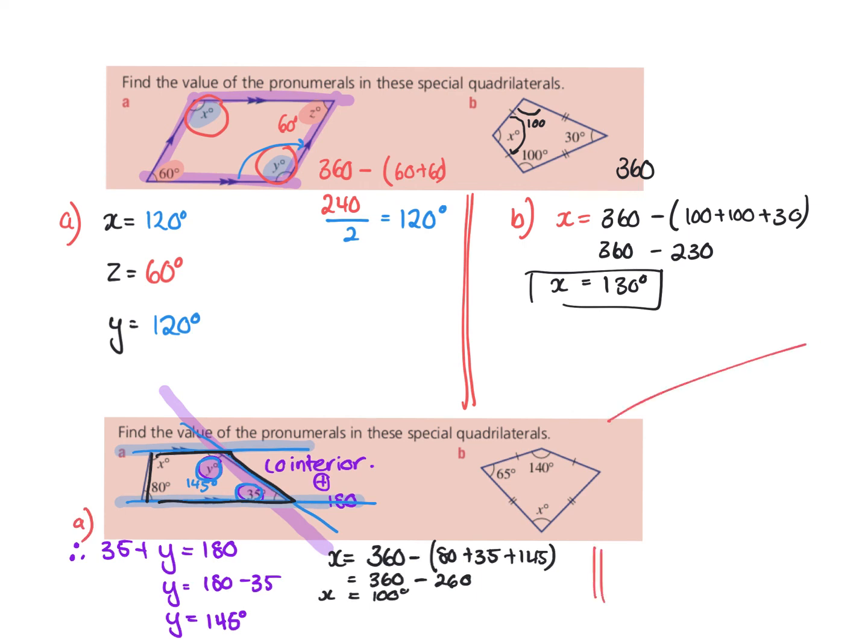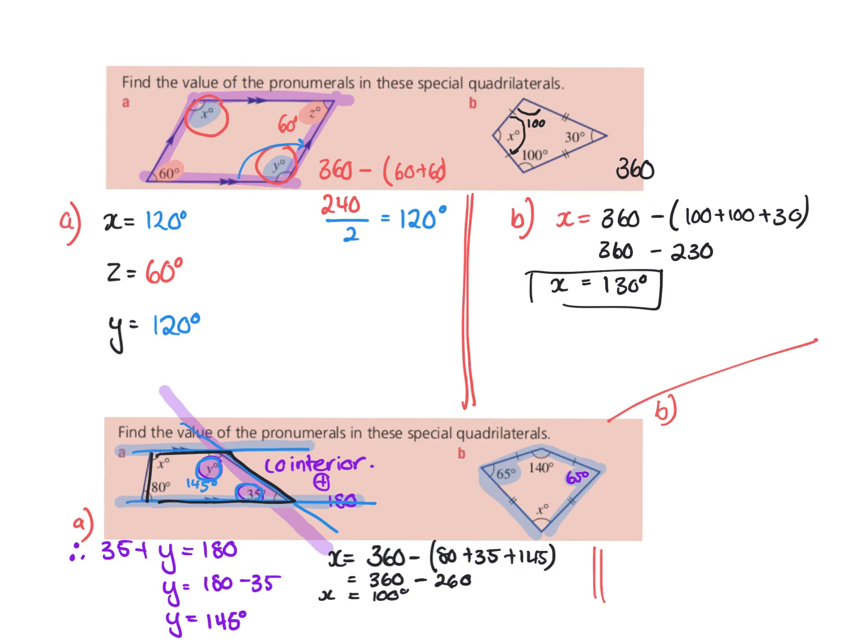I'm going to do this question over here, question B here. All right, so this shape here, what shape would you call this one? Yep, good, excellent, it's a kite. So the kite, remember we said these angles opposite were equal, yeah? So I know that this guy in here is 65.